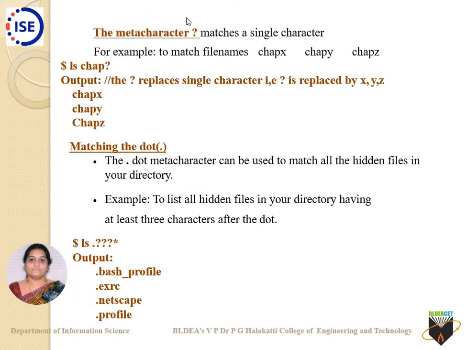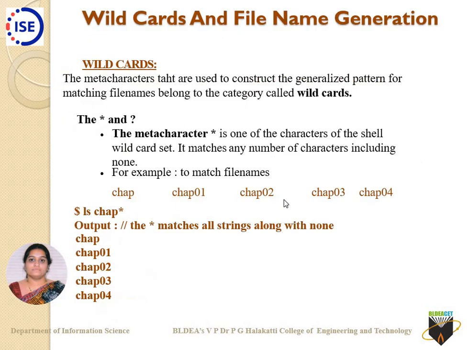Now in the same way I have one more meta character, the question mark. What is this question mark? The question mark is used for matching a single character. Assume I have a few more files called chap5, chap6, where no 0 is prefixed. At that time I can use chap and then a question mark.